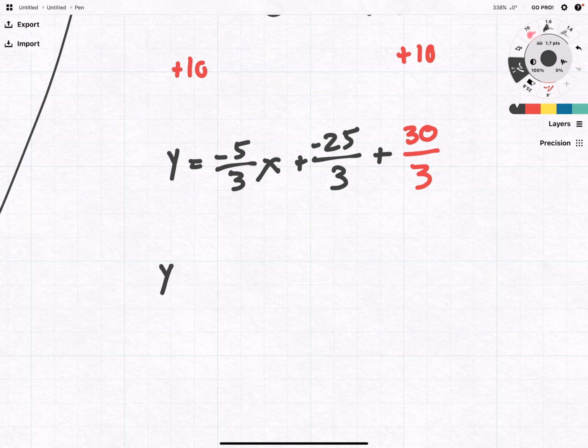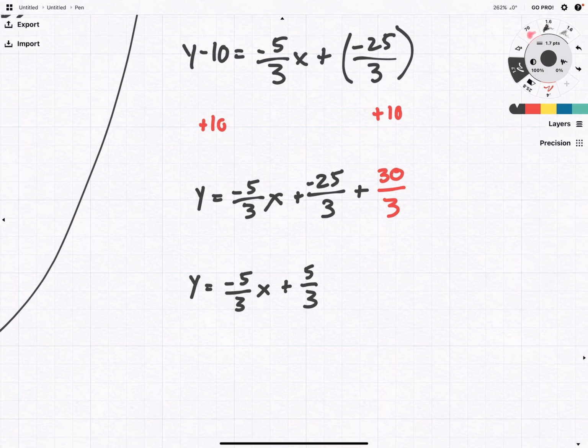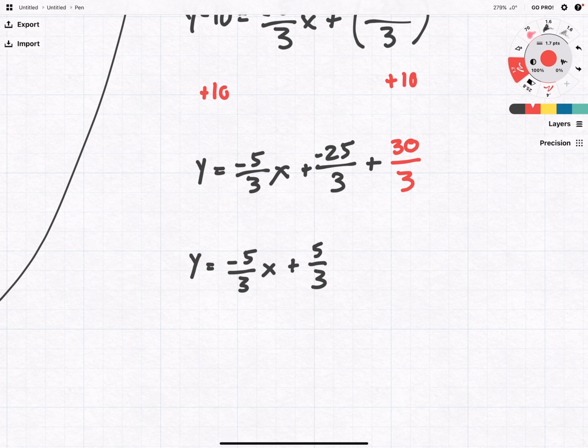So now we have y equals -5/3 x plus, and let's see, we have a -25 plus a 30. That's going to give us just 5. So plus 5/3. Okay, a lot of 5/3 in everything here, but our final answer does look like it is y equals -5/3 x plus 5/3.